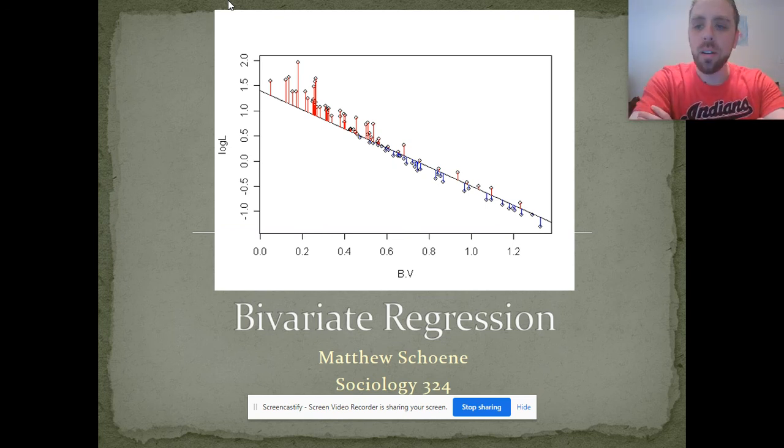Regression techniques, of which there are many, are by far the most important sociological methods within our statistical toolkit. These are by orders of magnitude the most useful statistical techniques for the quantitative sociologist.